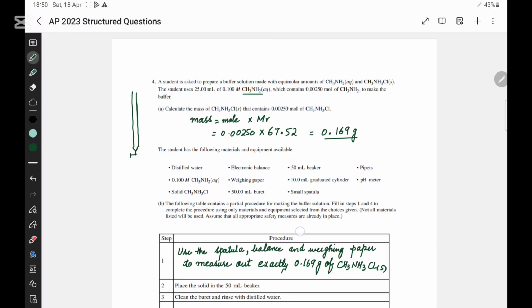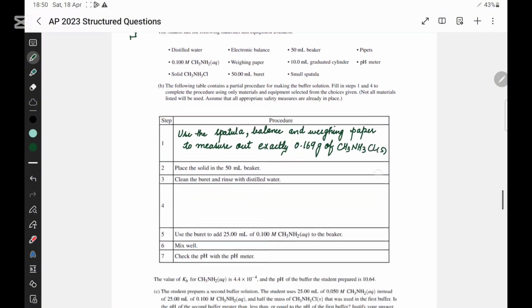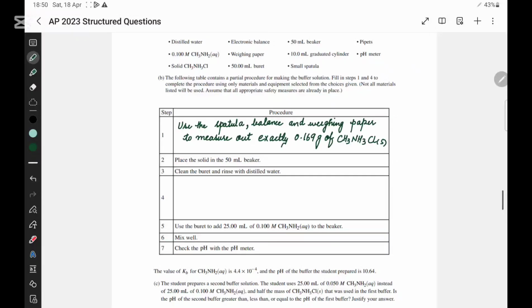So we are going to first rinse the burette with a small amount of the same concentration of CH3NH2 solution.